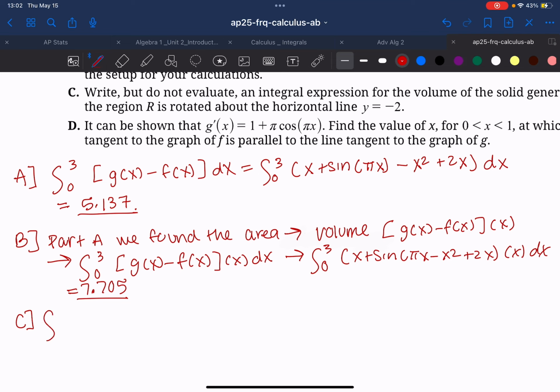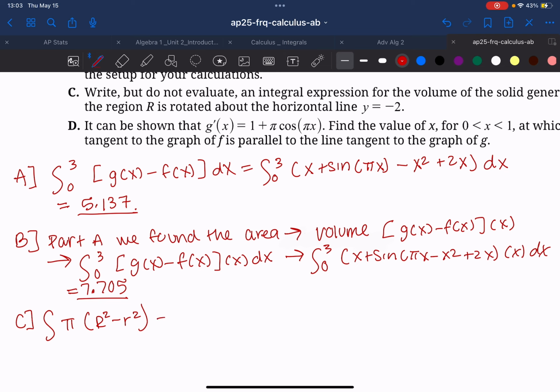So this is going to be the integral of pi times R squared minus r squared, where this is representing the g of x function adding 2 to account for that horizontal line, and then the f of x function adding 2 to account for that horizontal line.